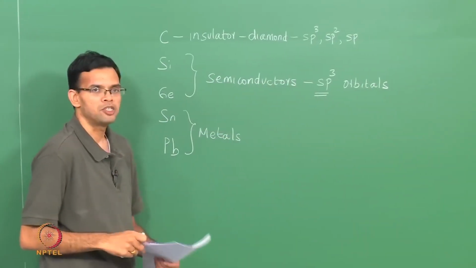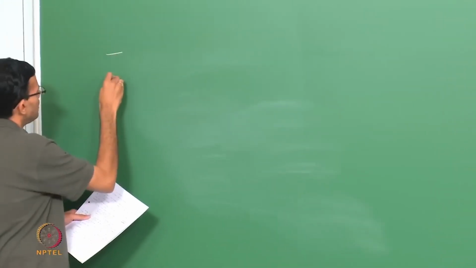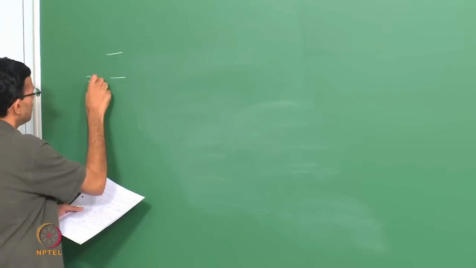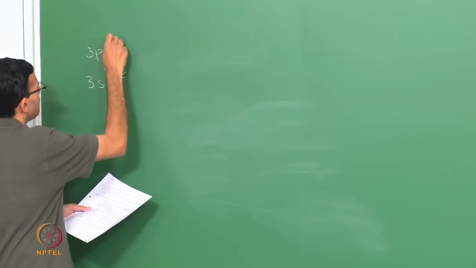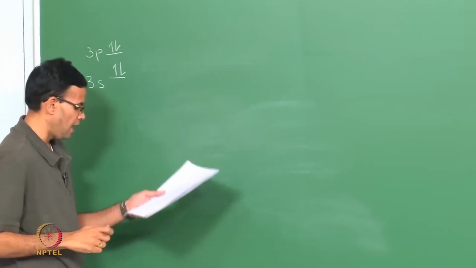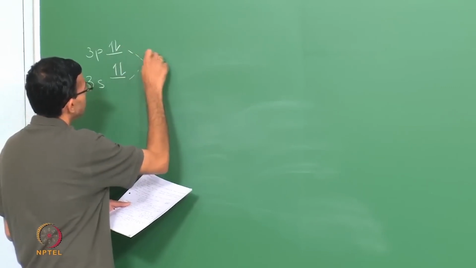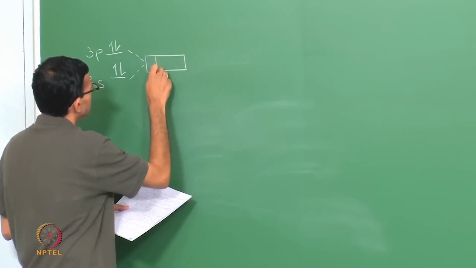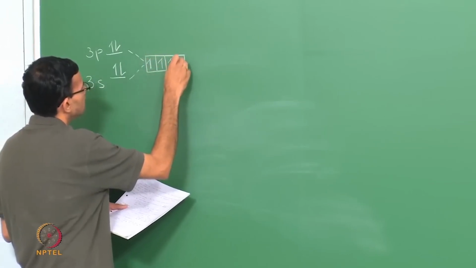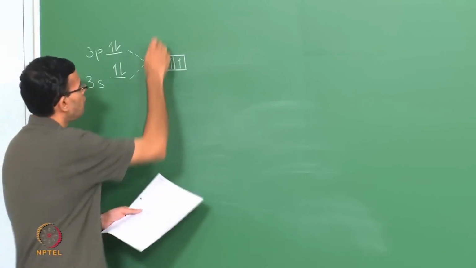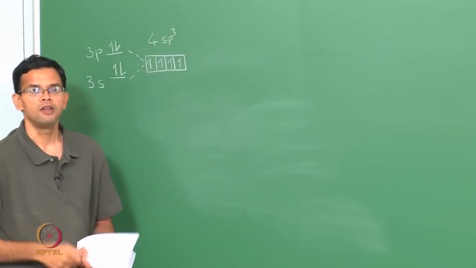So let us look at a picture for bonding for silicon. We start with the 3s and the 3p, 2 electrons in them. We said that in silicon they hybridize to form sp3 orbitals. So you have 4 sp3 hybrid orbitals and each of them is involved in a bond.